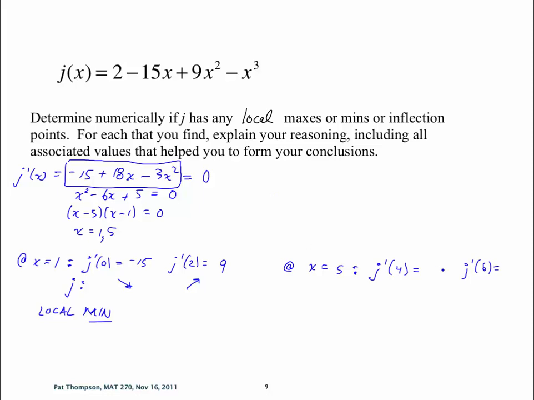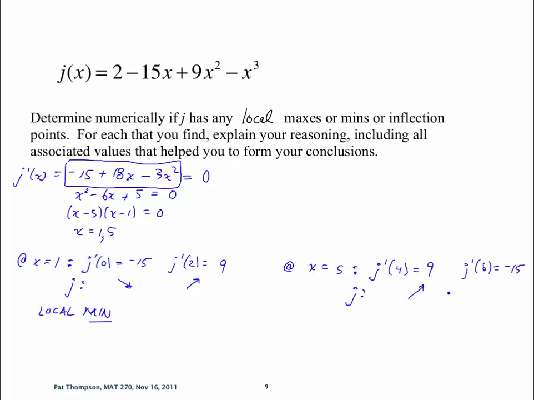9? Awesome. Do we have confirmation on those? We good? What does it mean? It means to the left of 5, the derivative is positive, so J must be increasing.